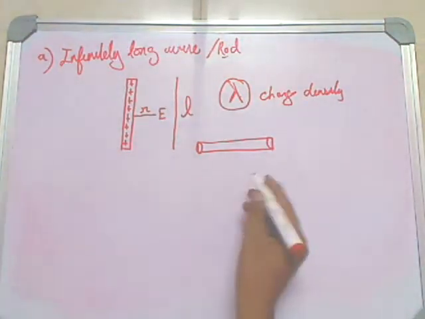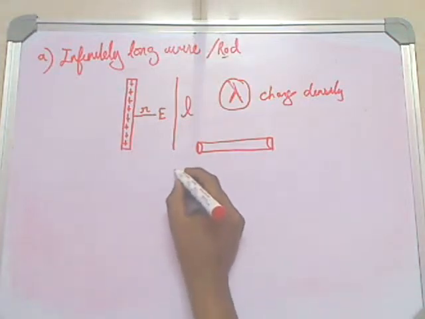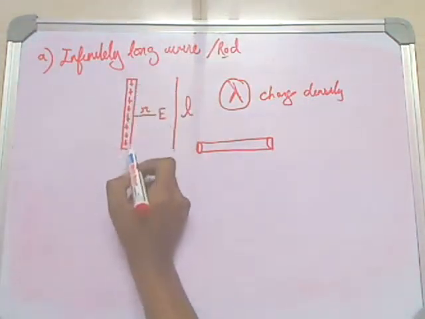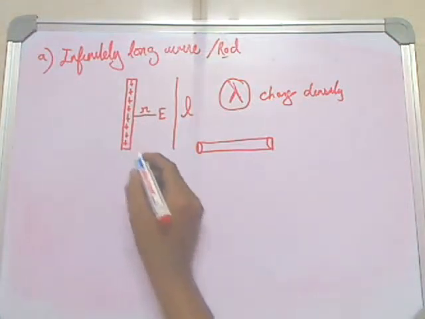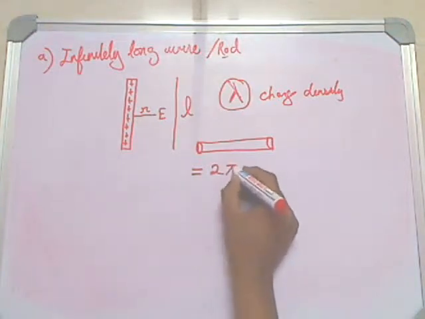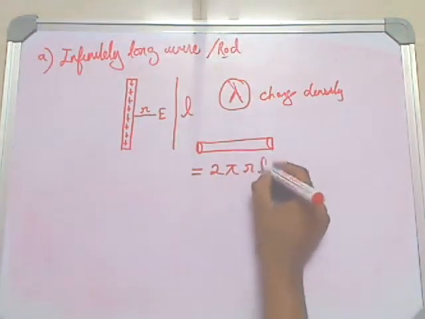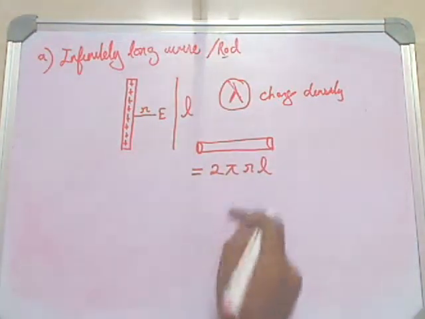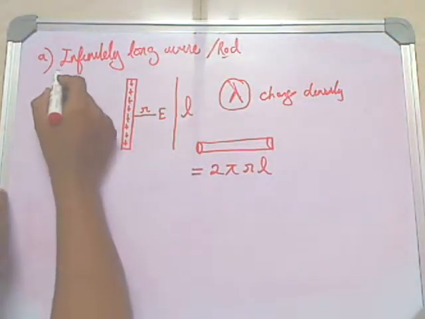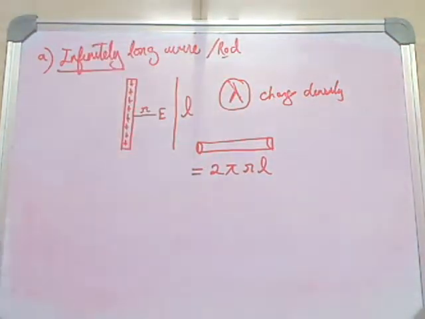Now, the flux through the Gaussian surface is equal to the flux through the cylindrical part. This is the cylindrical part that you have here. Now, the flux through the cylindrical part is actually equal to 2 pi r L. However, this doesn't really make sense. One of the reasons I say it doesn't really make sense is because if you go back to this, it says infinitely long.